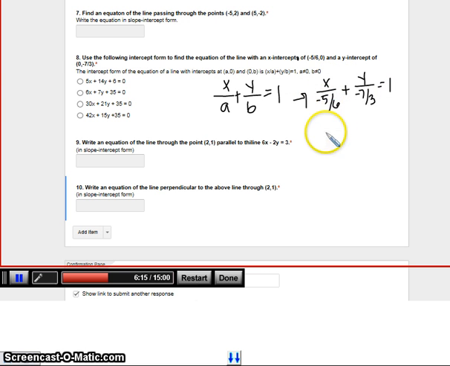X divided by negative 5/6 is really a negative 6/5 x, because dividing by that fraction I was able to just flip it and multiply. So same here, now I have 3/7 y equals 1. There we go.